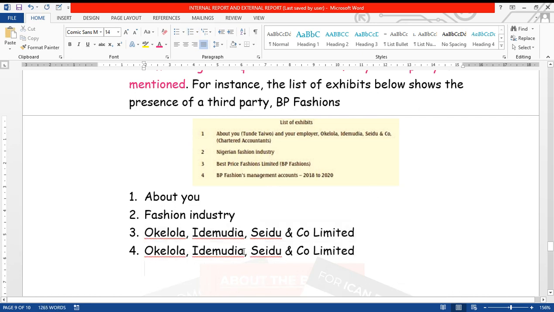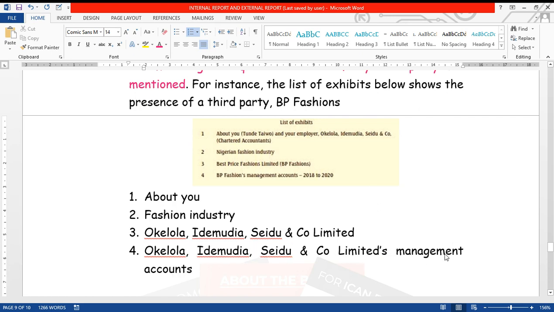Then the first one, they now told you something like, let's copy this to save time, Okelola Idemudia Seidu and Co. Limited Management Accounts, 2018 to 2020.